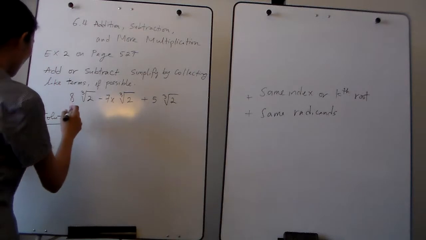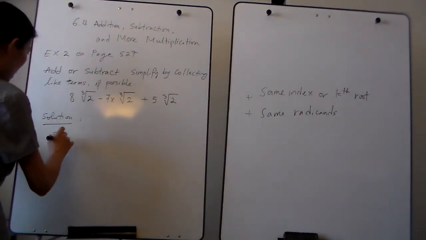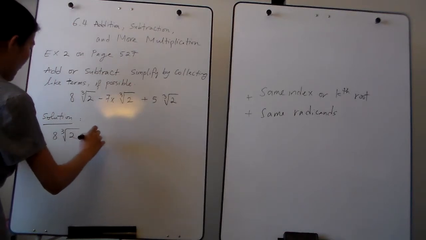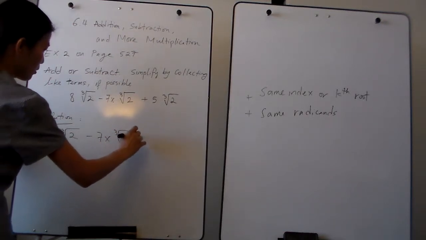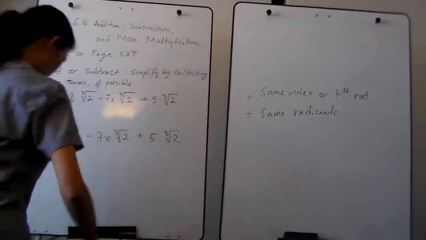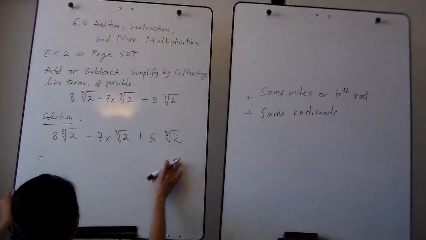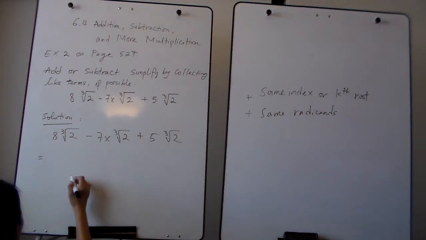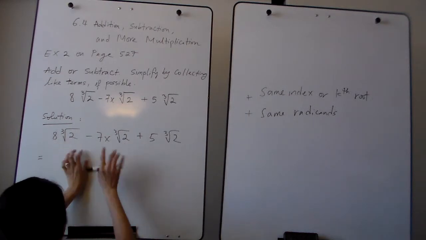So I have it here: a cube root of 2 minus 7x cube root of 2 plus 5 cube root of 2. This is given. To combine all these, you can treat the radical as a variable, because we have x, right?